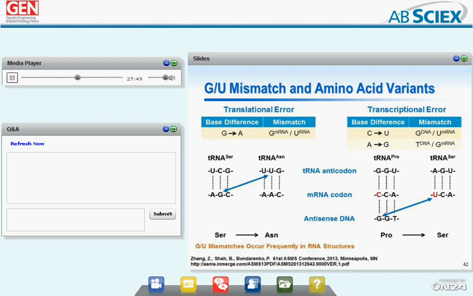This can also happen on a transcriptional basis, as the antisense DNA is being synthesized into messenger RNA, where a GU mismatch can occur instead of a proper CG pairing, and that leads to the improper mRNA being transcribed, and then there is a proper tRNA to mRNA connection. So your protein sequence is then, in this case, a proline converted to a serine due to the DNA to RNA mismatch.